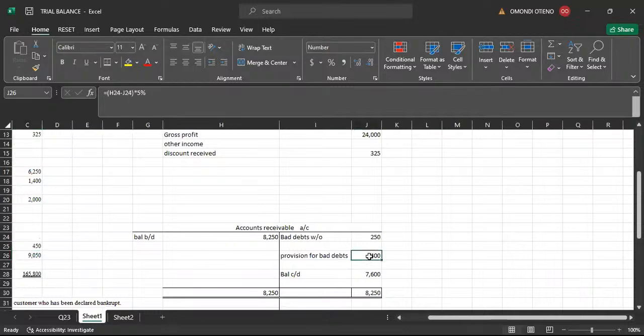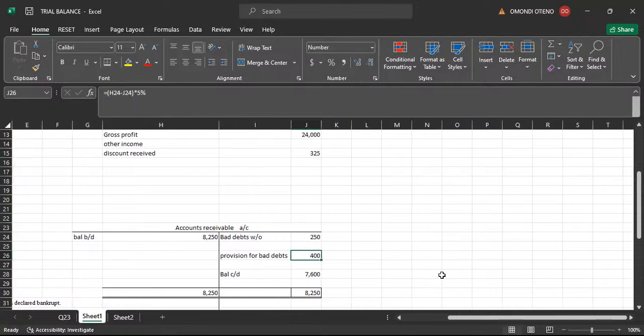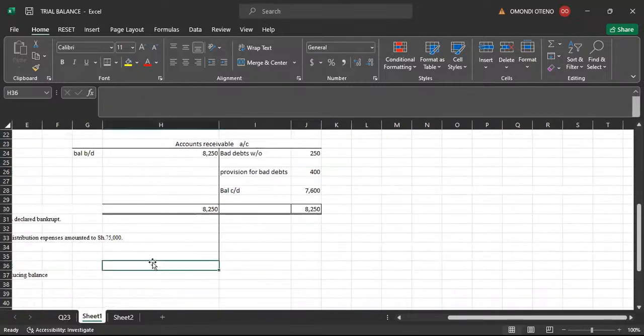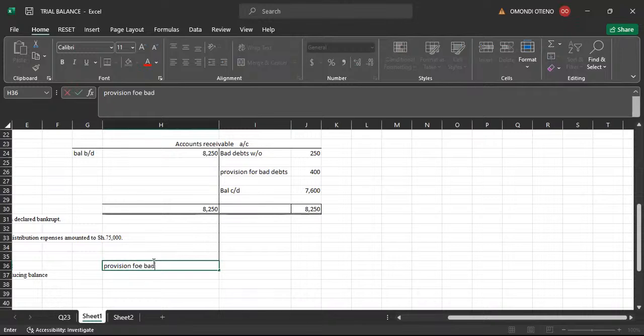So is it an increase or decrease? Provision. Is it an increase?